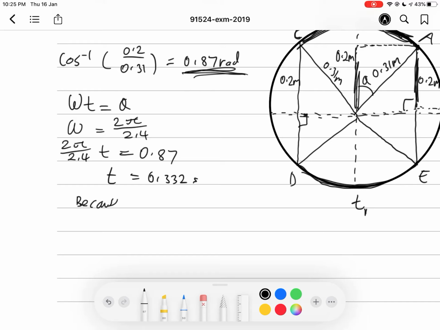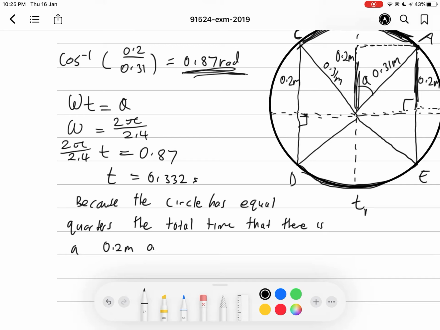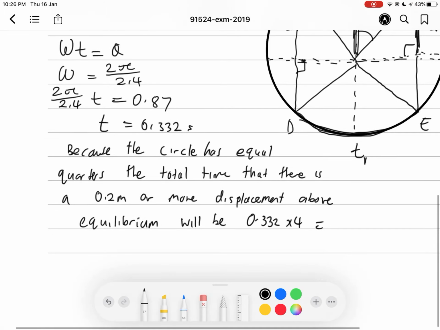So basically, because the circle has equal quarters, the total time that there is 0.2 meters or more displacement above equilibrium will be 0.332 times 4, which is equal to 1.328 seconds.